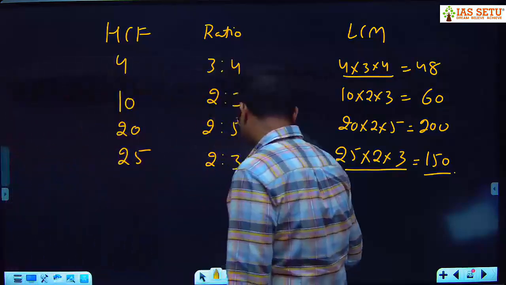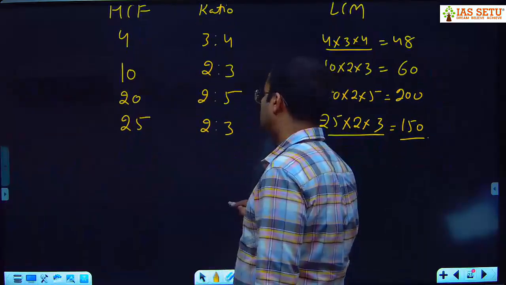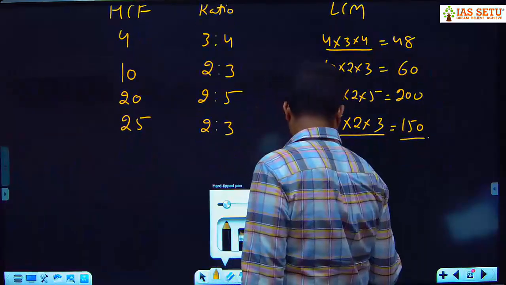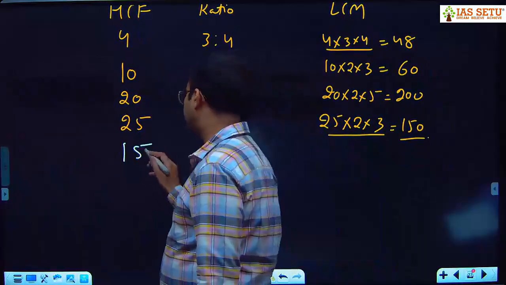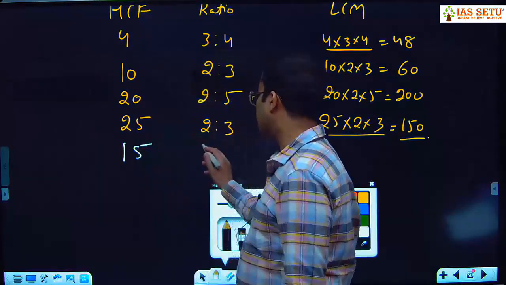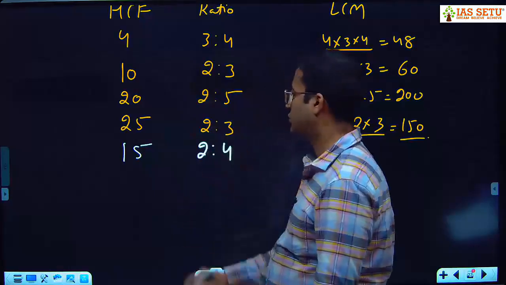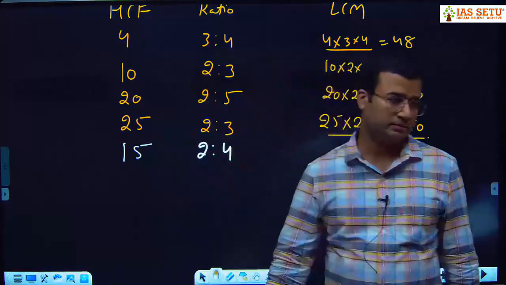One more question. See here, HCF 15, ratio of the numbers is 2:4. Find what is LCM.